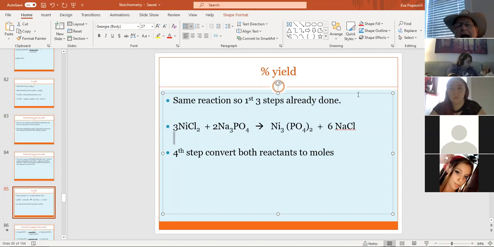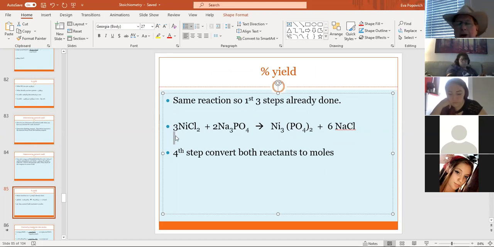I have my chemical reaction here. I know how many moles of nickel chloride. That was all used up, right, guys? That's the limiting reagent. All of those were used up. Can't I figure out how many moles of the sodium phosphate were used up if I use the limiting reagent?